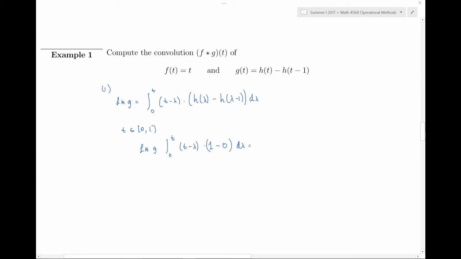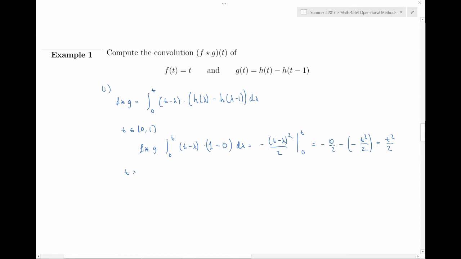So it's just an integral of t minus lambda, which is minus t minus lambda squared over 2 evaluated from 0 to t. Here we must understand that the integration happens with respect to lambda, not with respect to t. Plugging this in gives us minus 0 over 2 minus t squared over 2. So it's just t squared over 2.